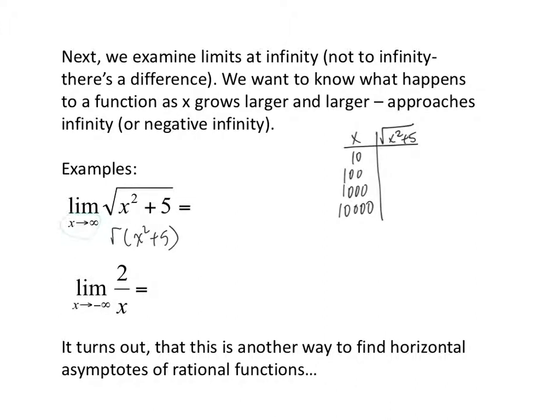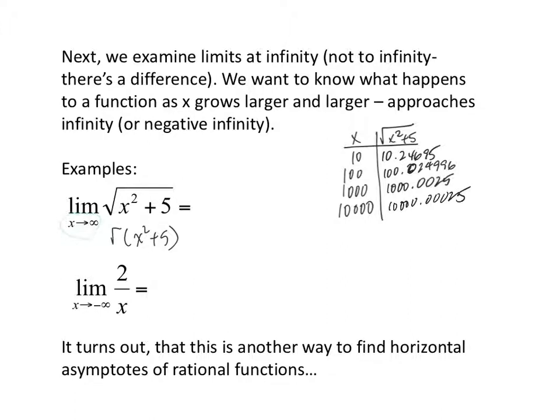Okay, welcome back. So let's go ahead and see what we've got here. 10.24695. 100.024996, etc. 1,000.0025, and then 10,000.00025.